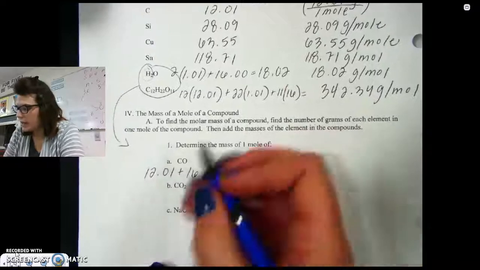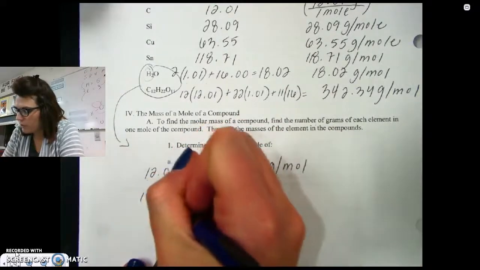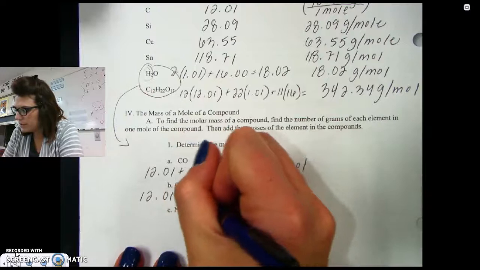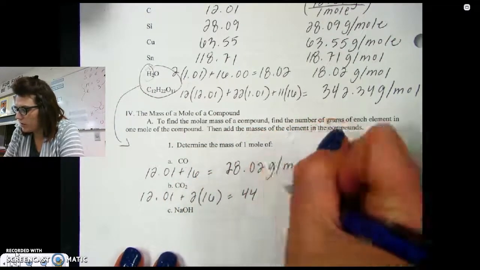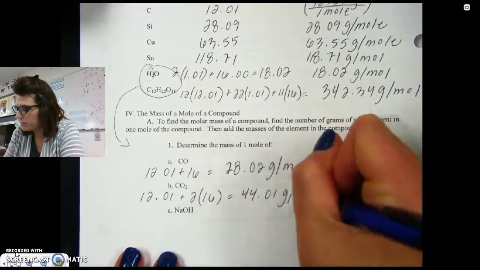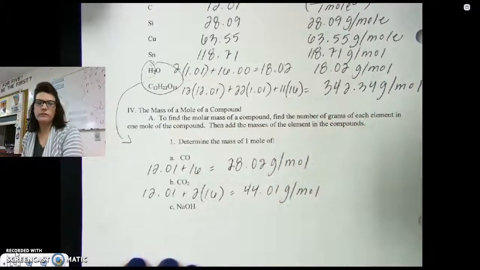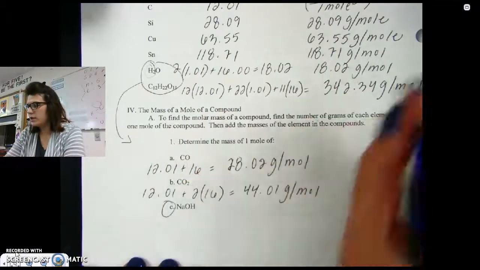Carbon dioxide, it's the same thing. I'm going to do 12.01 plus, this time I have 2 oxygens, which is going to be 44.01 grams per mole. Okay, go ahead and try sodium, and then I'm going to do one of these on the back, and then I'm going to make you do the other one.